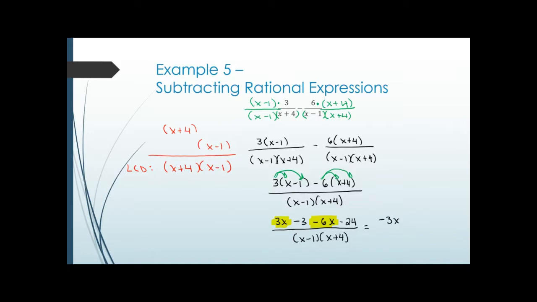Then we want to take a look at our -3 here and the -24. Those are like terms. So that is a -3 minus 24, so that's -27. And then I have x minus 1 times x plus 4.